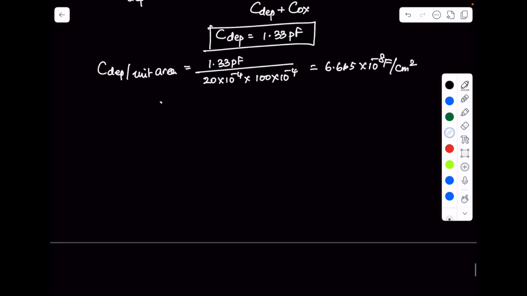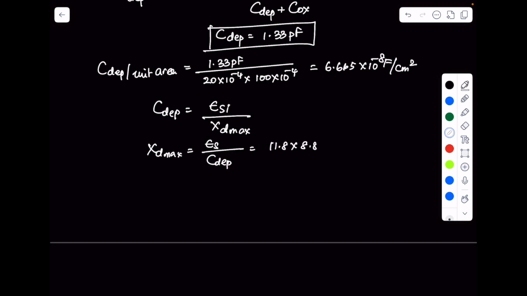We know that this C depletion is nothing but epsilon silicon by XD max. So this gives us XD max as epsilon S by C dep, which is 11.8 into 8.85 into 10 power minus 14, divided by C dep, which is 6.65 into 10 power minus 8. And this works out to 0.1567 microns.